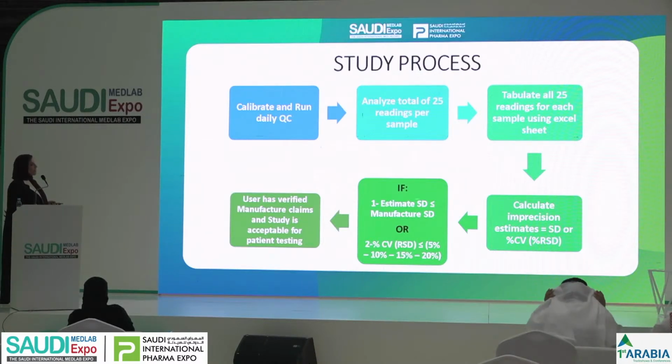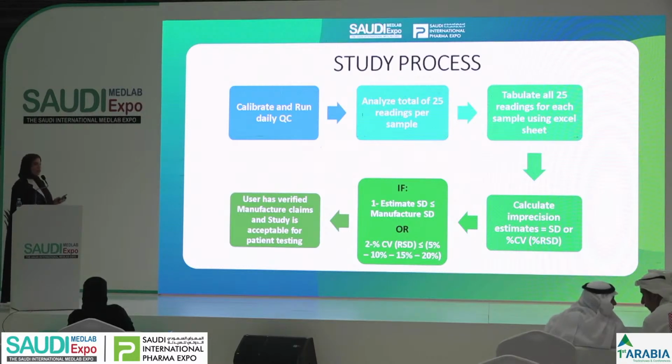If my SD is less than or equal to the standard deviation of the manufacturer, that means my precision is okay. Or I can choose the second option of acceptable criteria: if my CV is 5, 10, 15, maximum of 20%, and mine is less than those, I will accept my precision, and we will come to that in just a minute.